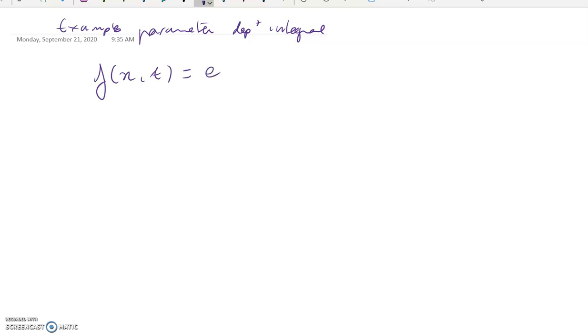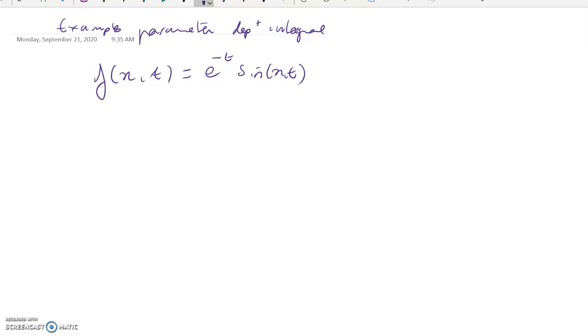Okay, let's see one simple example for the parameter-dependent integrals. So let's take a nice one. Let's consider our function f of x, t equal to e to the negative t times sine of x times t.